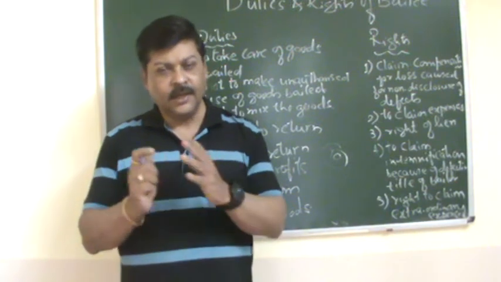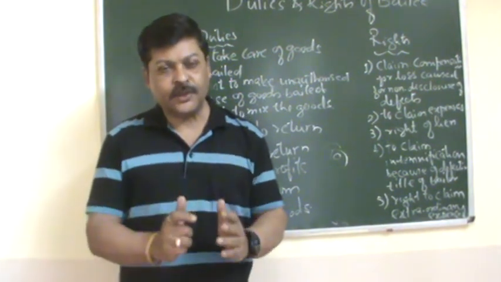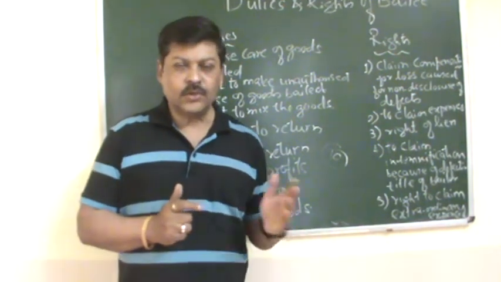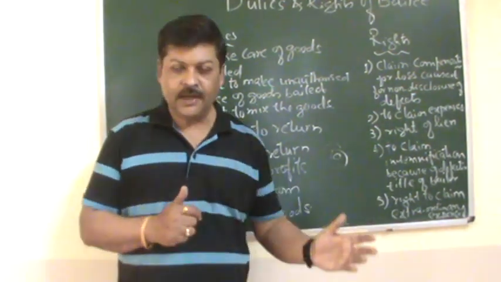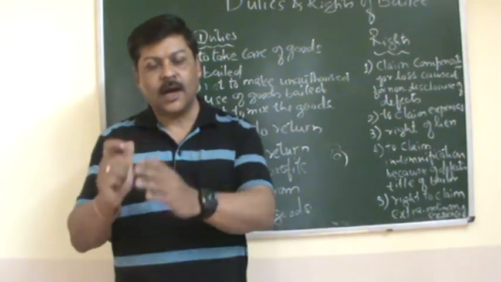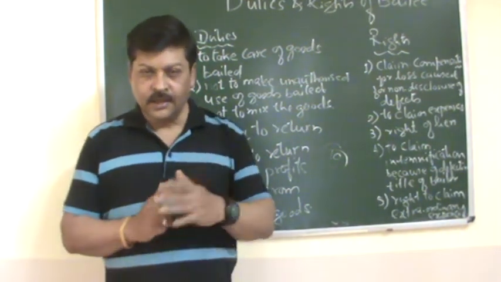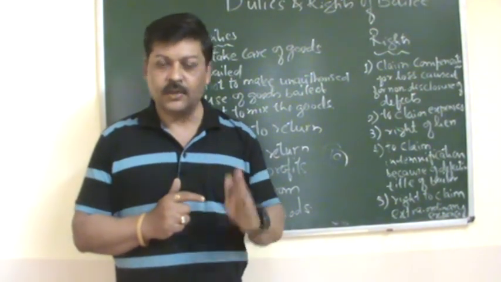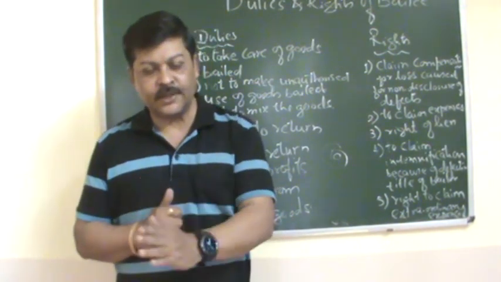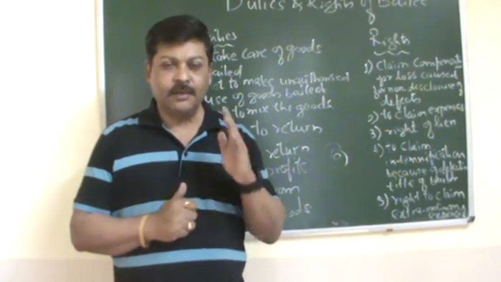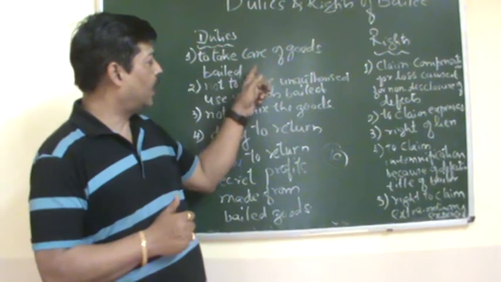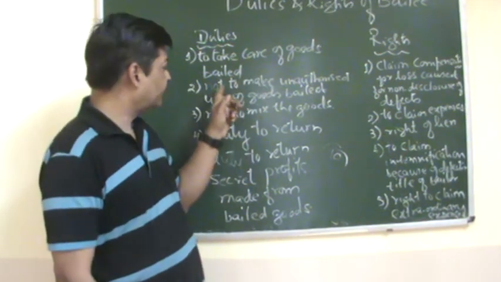The same care, he has kept his own jewelry in the bank locker, and also the goods which are bailed, the jewelry belonging to X, are kept in the bank locker. So he has taken due care. The due care he has applied for his goods, he has given the same care. So that is his first duty: duty to take care of the goods bailed.